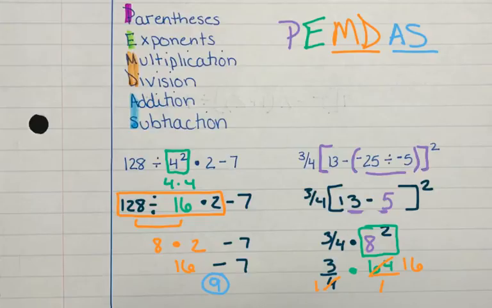So 3 times 16 is 48. 1 times 1 is 1. So we can say the answer is just 48. Okay, let's take a look at another example.